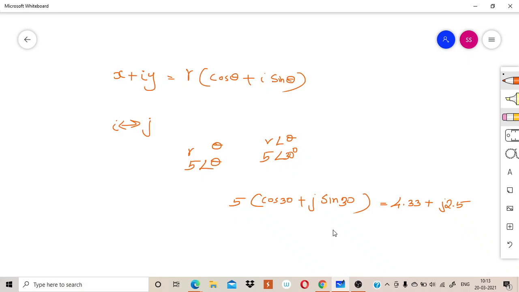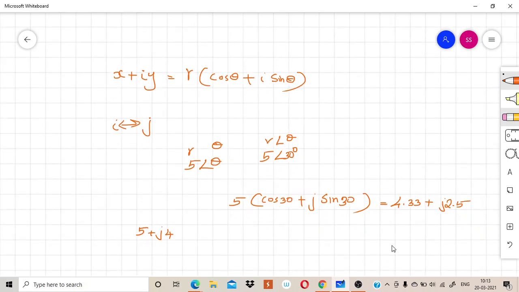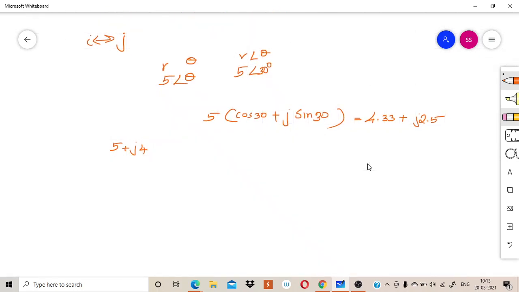Again, if we have the phasor in rectangular form like 5 plus j 4, this is the rectangular representation of the phasor, and you can convert that into r angle theta form.